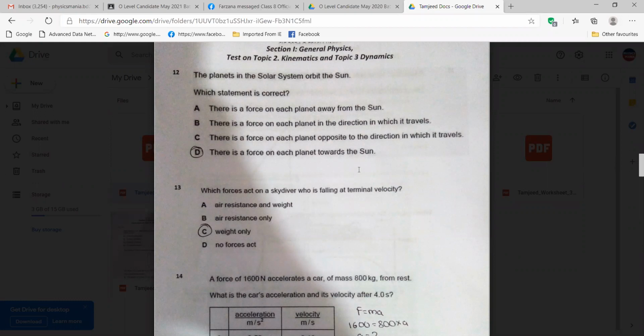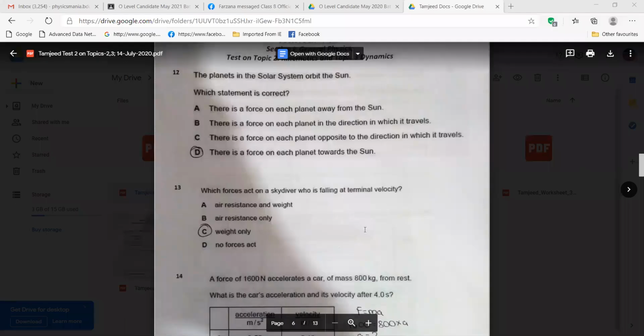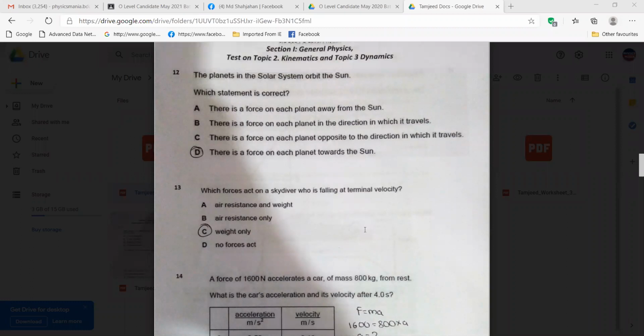C is wrong. Then you tell me which one is right. Air resistance and weight. So which option? A. So this one, how could you do it wrong?